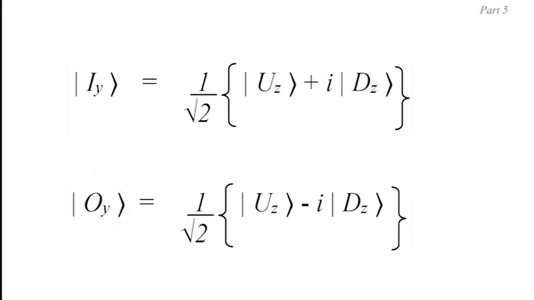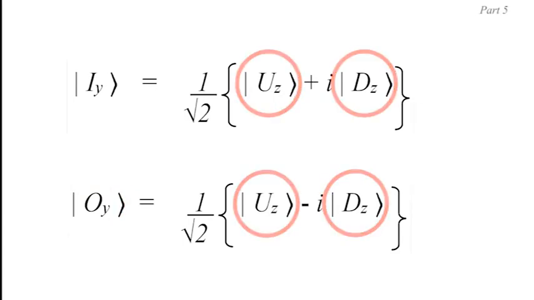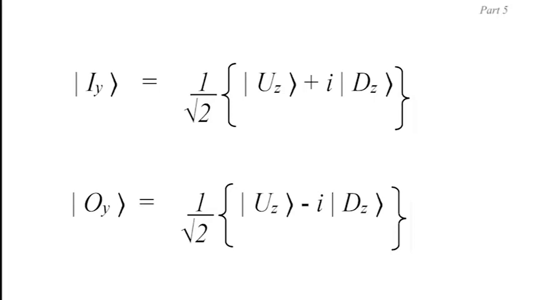In other words, in the positive and negative y directions, and they're written in terms of our up and down basis vectors, our z direction states. Again, I've given them letters I and O for in and out, but I've also added the subscript y as a reminder that these states represent the spins in the positive in and negative out directions in real space.